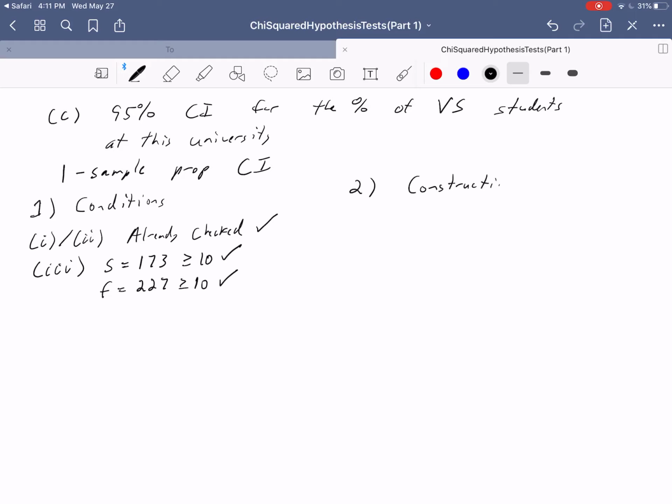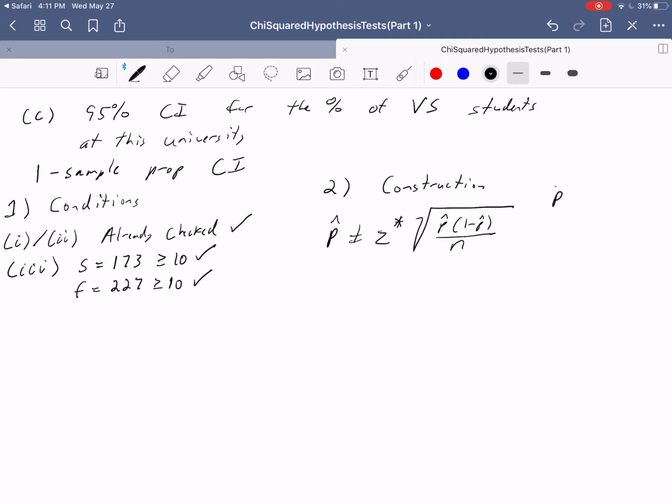For our construction here, we are going to be using p hat plus or minus z star times the square root of p hat times 1 minus p hat, over n. We need three things: p hat, n, and z star. For p hat, that's going to be your successes divided by your sample size, so 173 divided by 400.